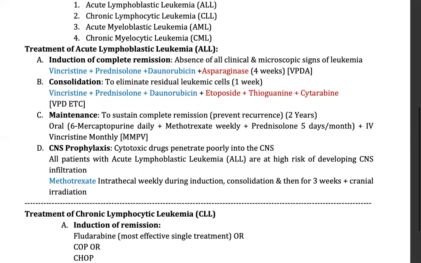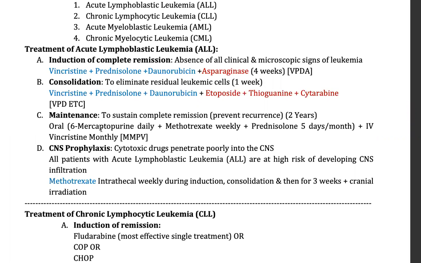What is the maintenance therapy? To sustain the complete remission and prevent the reoccurrence, it should be given by oral route, and it contains 6-mercaptopurine daily plus methotrexate weekly plus prednisolone 5 days per month plus intravenous vincristine monthly.